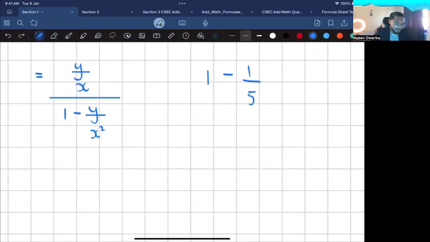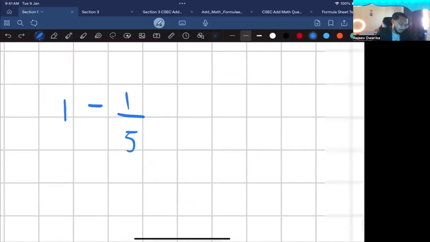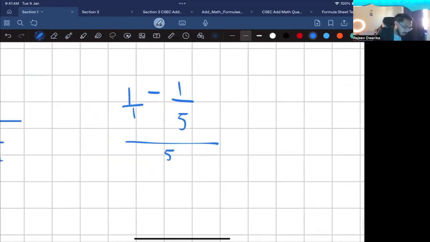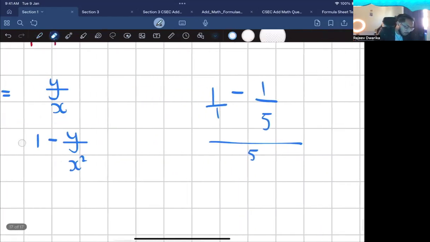This is like SCM maths. So what would be the LCM between 1 and 5? 5. Right? So you know how to do that. It's the same thing we have to do over here. I promise it's the same thing.